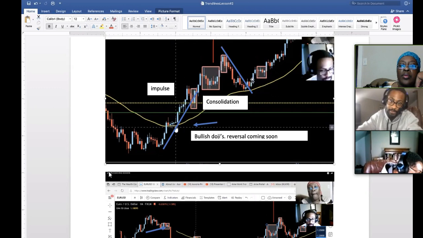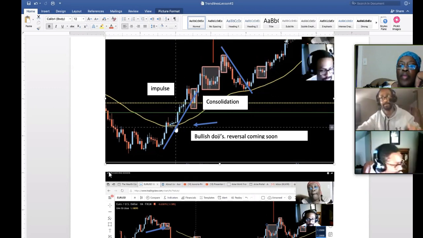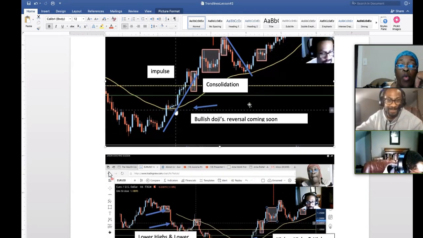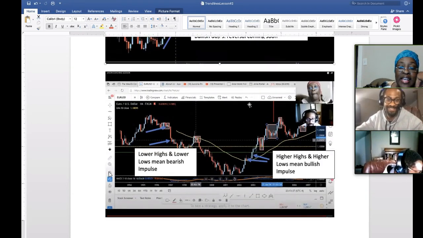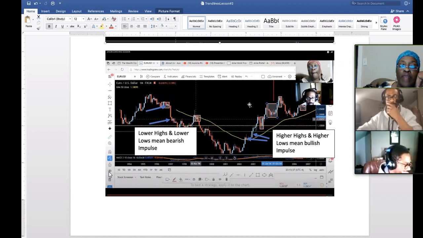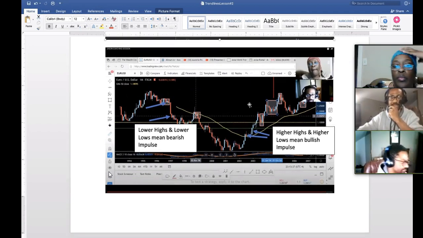Then the impulse, and we got a consolidation again. That's all it does all day. When we can identify where price is at every time we go to the chart, you're going to be on the right side of price.